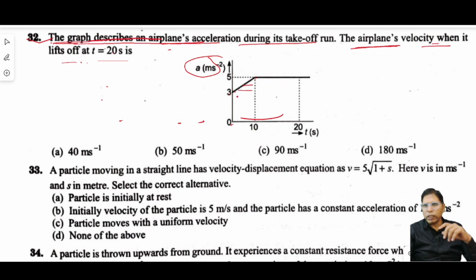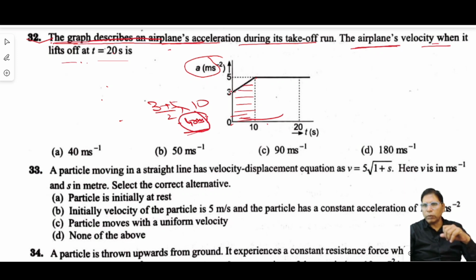So the area of this graph represents the change of velocity. Look at this. This is a trapezium. So the area of this trapezium, with parallel sides 3 and 5, is (3 plus 5) divided by 2 into 10. So 40 meter per second is the change of velocity.